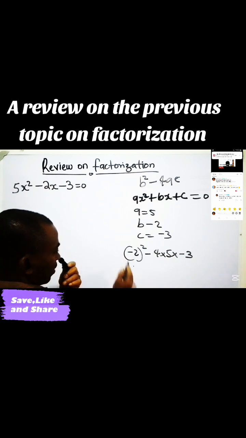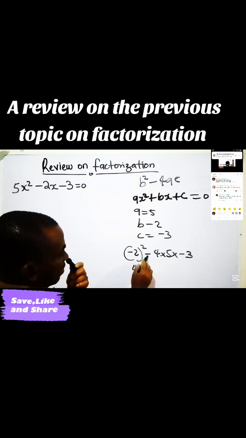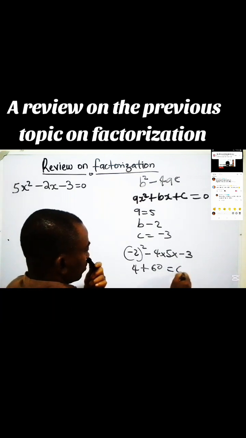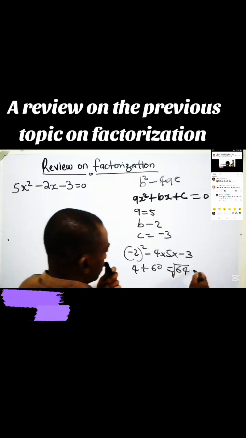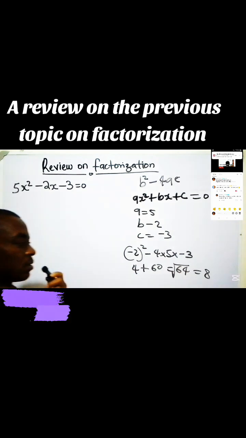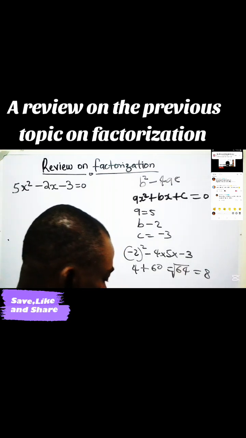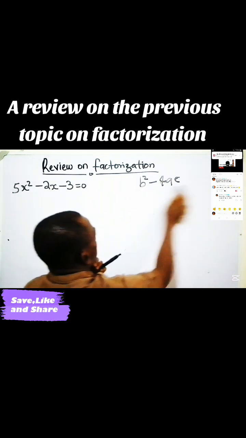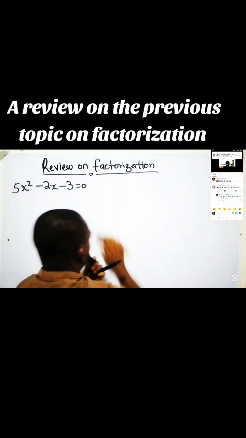Minus 2 squared gives you 4, minus times minus is plus, 4 times 5 is 20, times 3 gives you 60, equals 64. And the square root of 64 is 8. So it will give you a perfect square. So the equation can be factorized. That is why we use the discriminant.